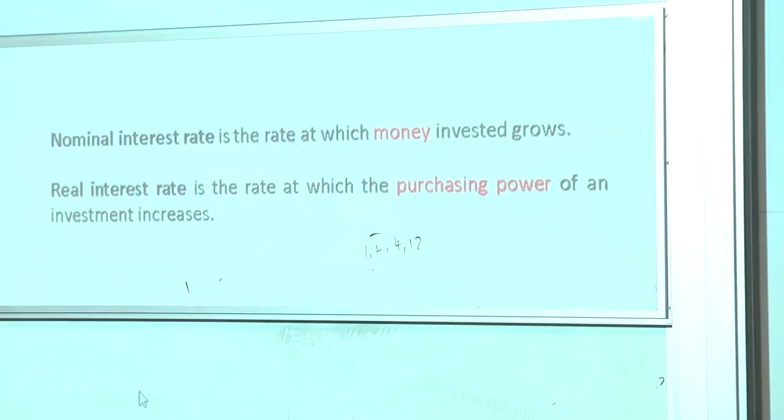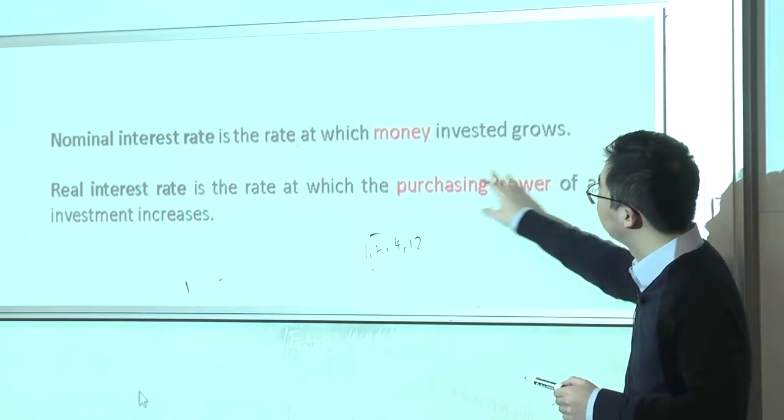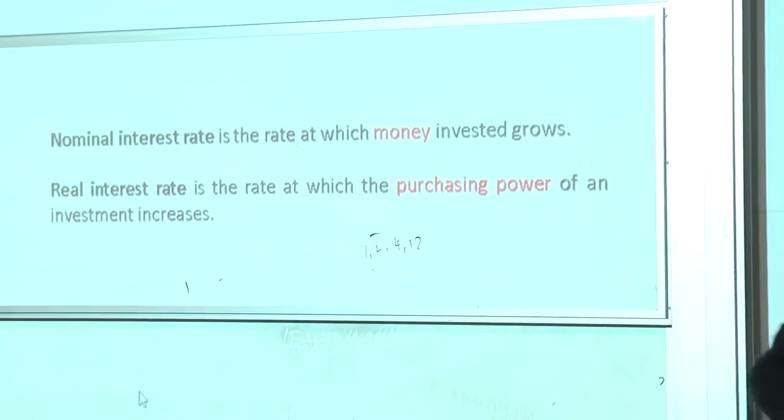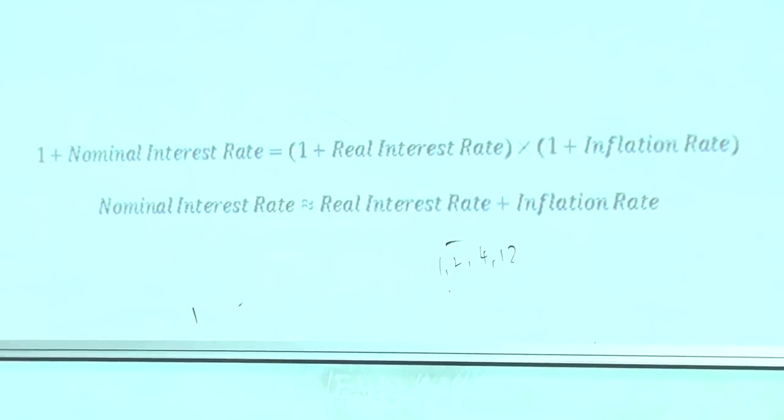Nominal interest is the rate at which money invested grows, just money. But real interest rate is the rate at which the purchasing power, the real or constant value of that investment, grows.